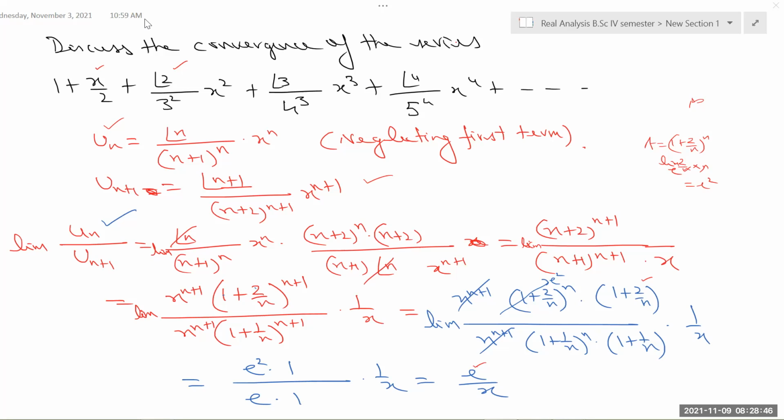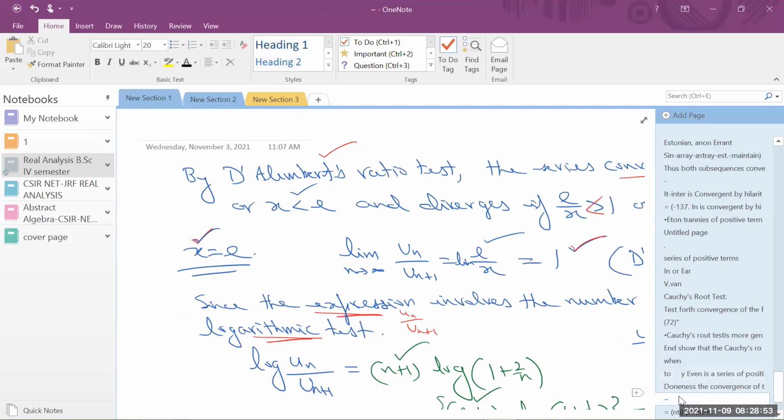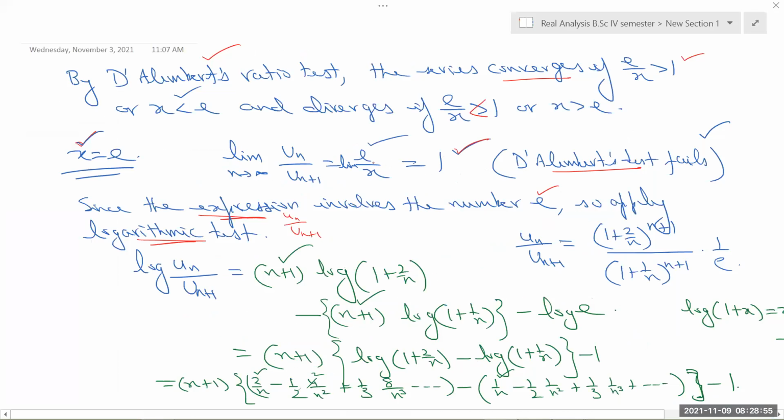So let us take the limit on both sides. This expression, un upon un plus 1, is 1 plus 2 by n to the power n plus 1 upon 1 plus 1 by n to the power n plus 1, into 1 by x. So at x equal to e, we have 1 by e here.